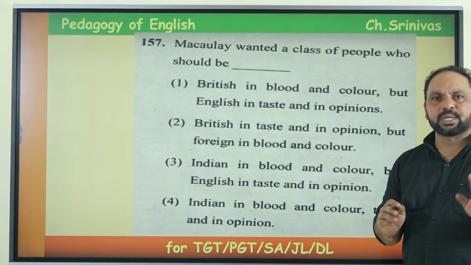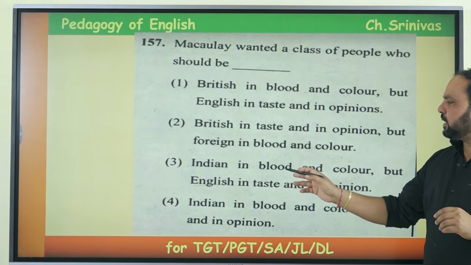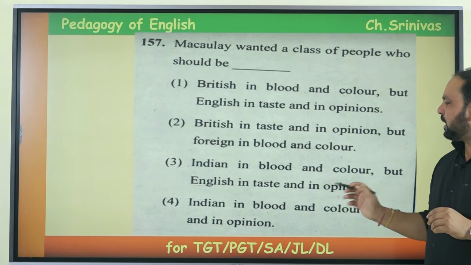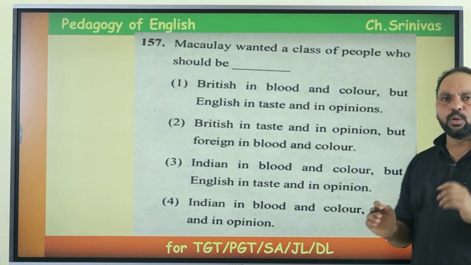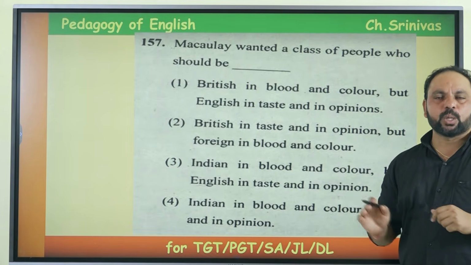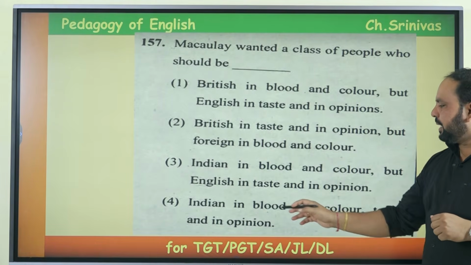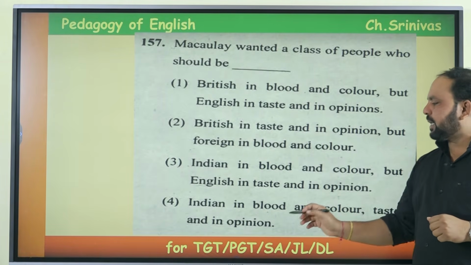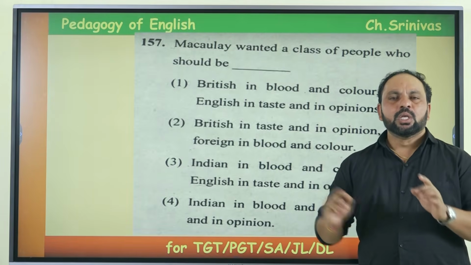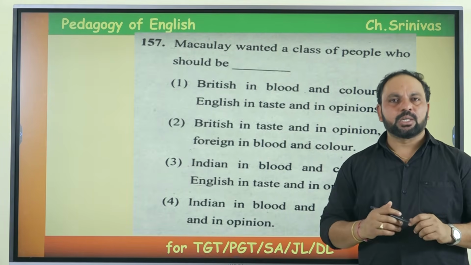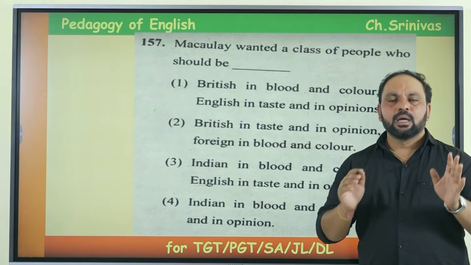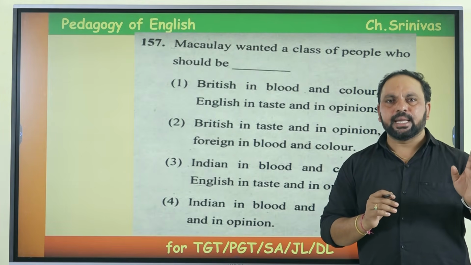That is also not correct. Then the third one is Indian in blood and color, but English in taste and in opinion. So the third one is the right answer according to this particular Macaulay's Minutes. Indian in blood and color, taste and in opinion, that is not the right one. So the third one is the right answer to this question.